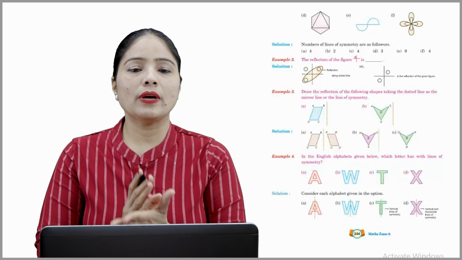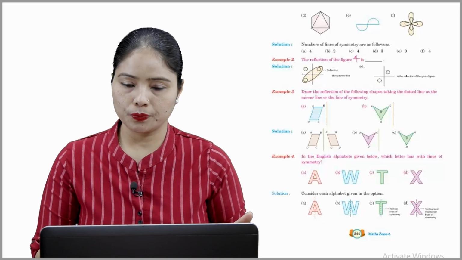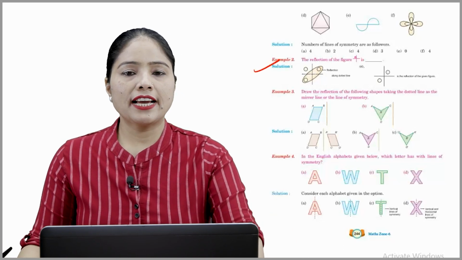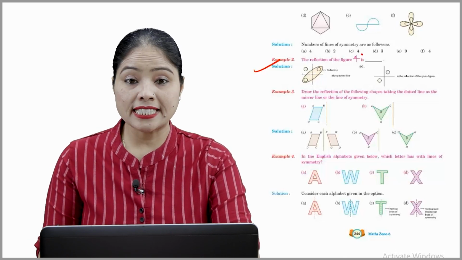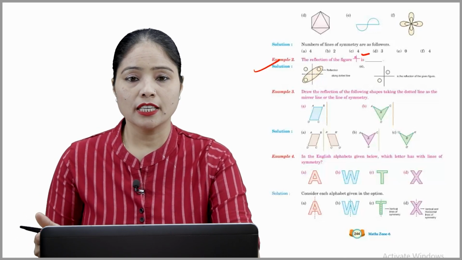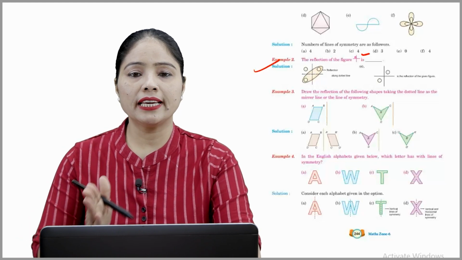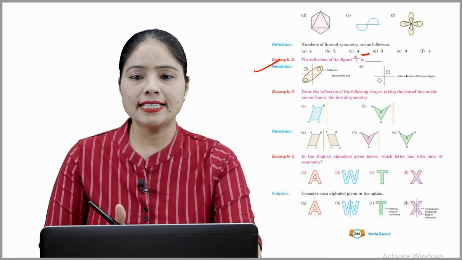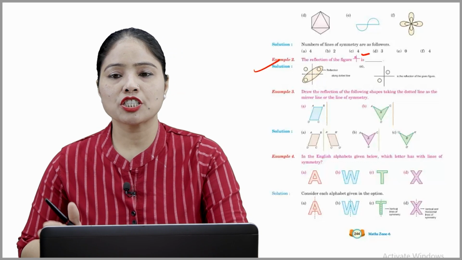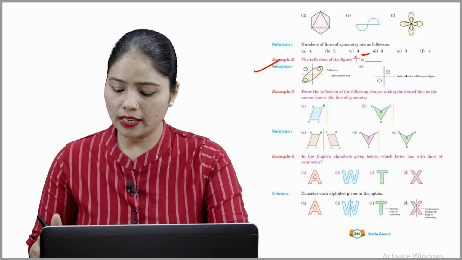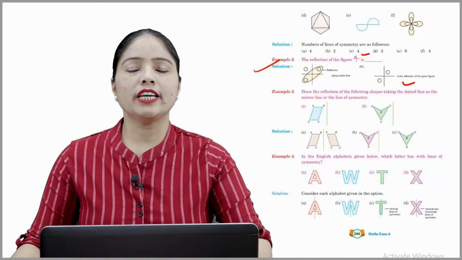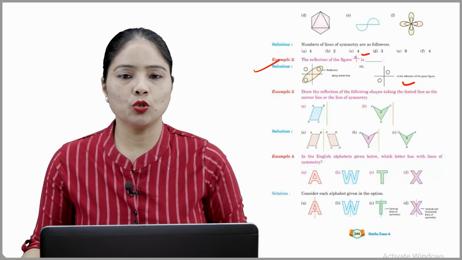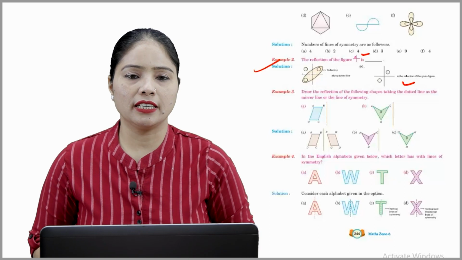Okay. Now example 2. The reflections of the figures. These figures are given, what will be their reflections? So we will reflect along the dotted lines, and the dashed figure is the reflection of the given figures. Okay. After reflection, it will look something like this. So these are some practical things to do. You just do the practical.